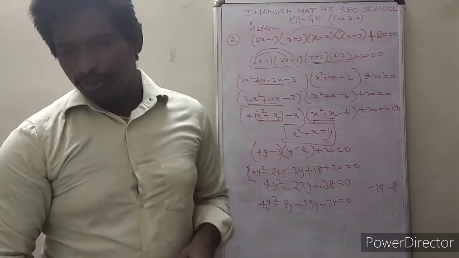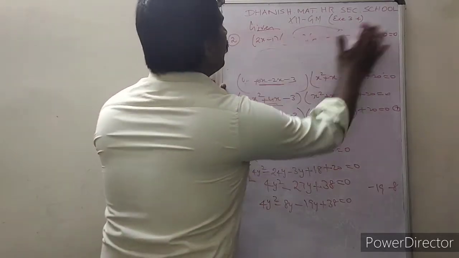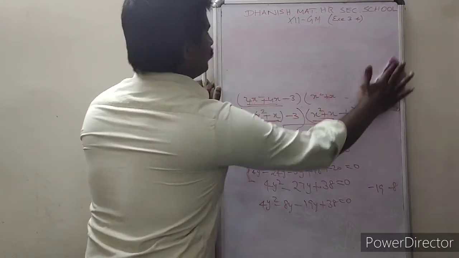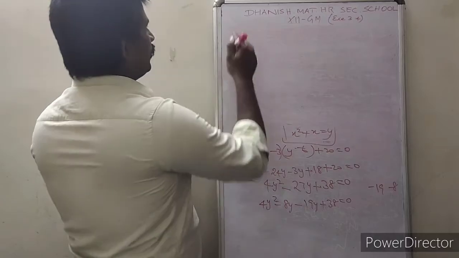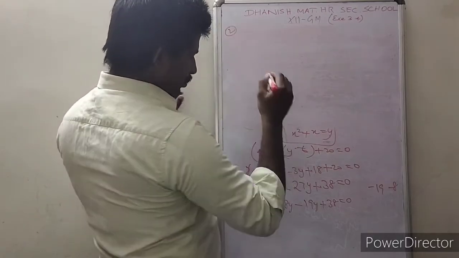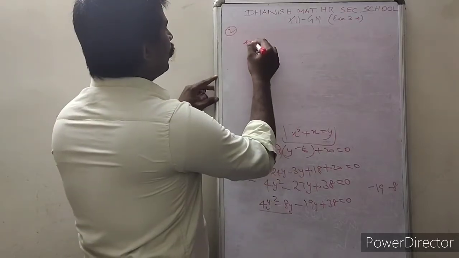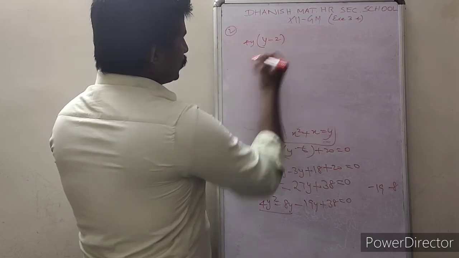Now I am going to take 4y as a common factor from the first two terms. So 4y into (y minus 2).